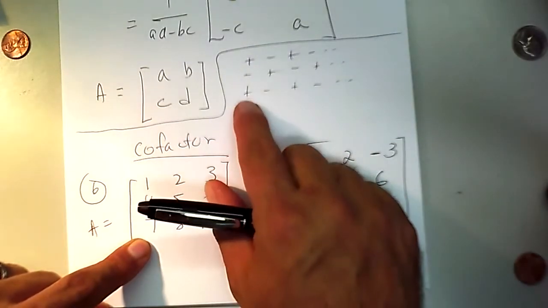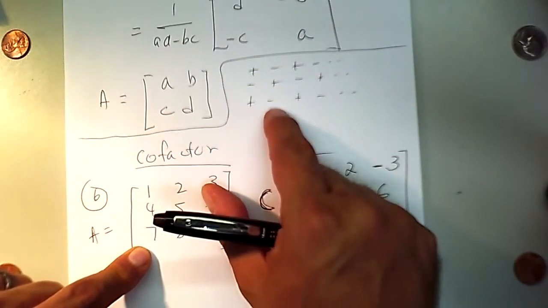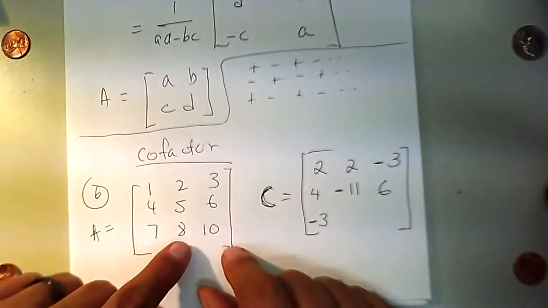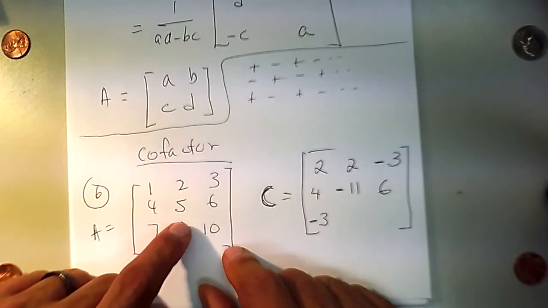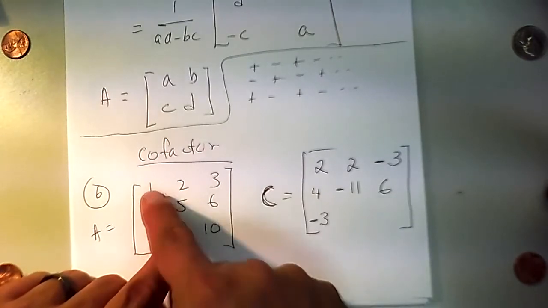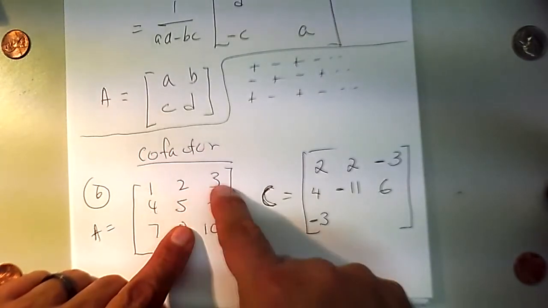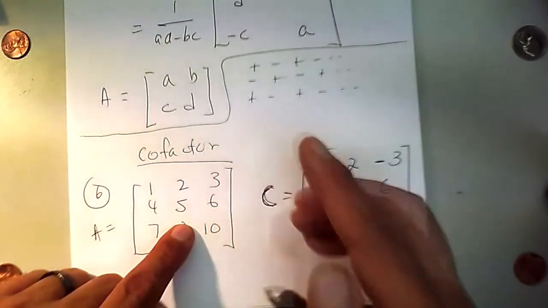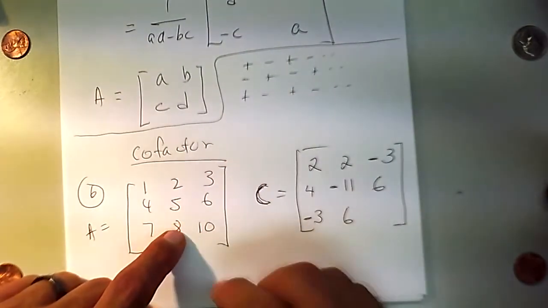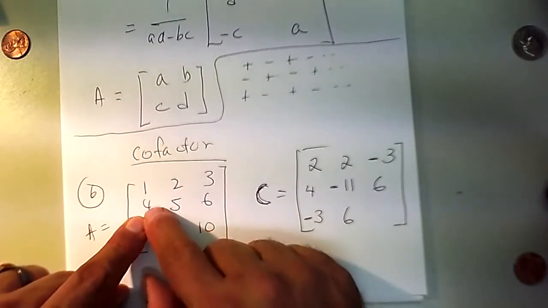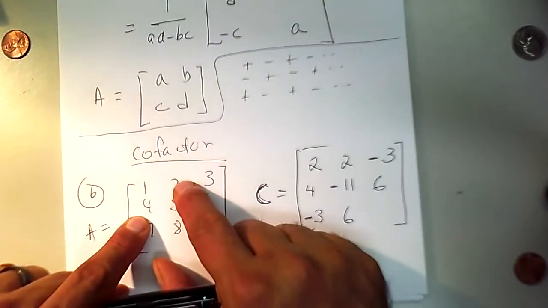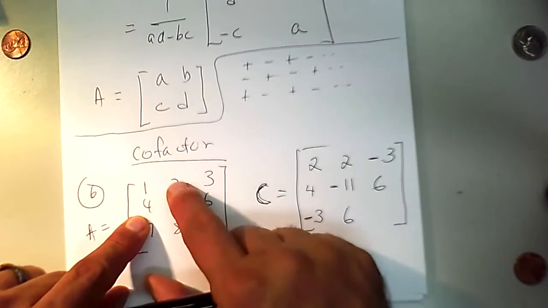Because plus means leave it alone. Minus means do the opposite. So whatever answer we get for the cofactor of this 8, we have to do its opposite. 6 minus 12, negative 6, opposite 6. Cofactor of 10, 5 minus 8, negative 3.